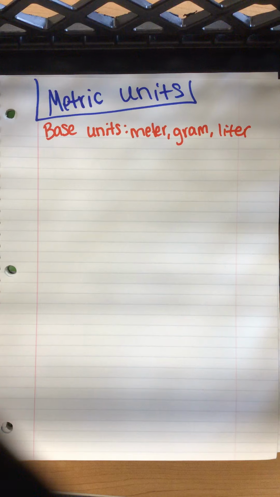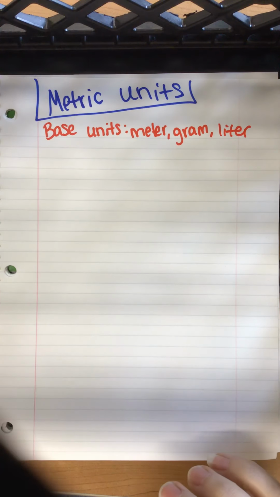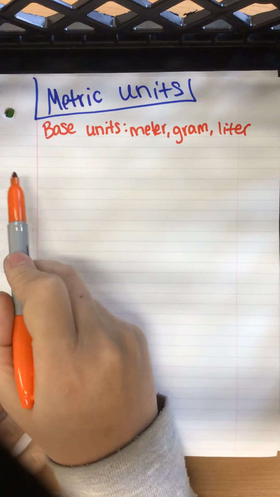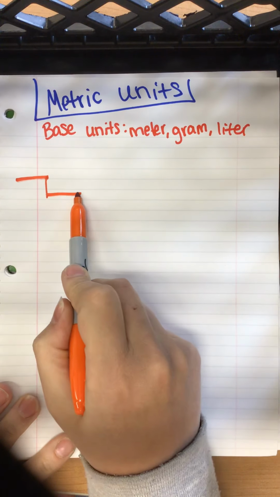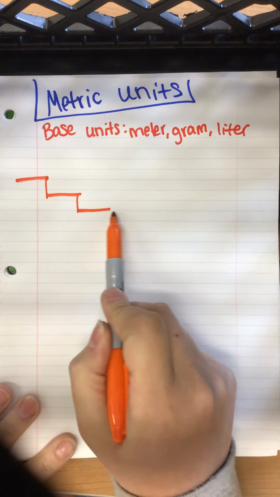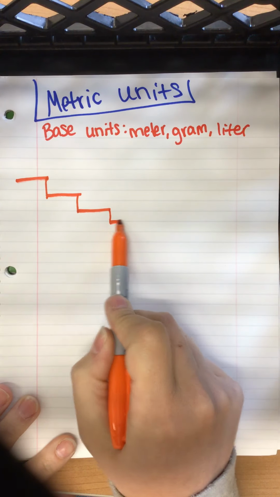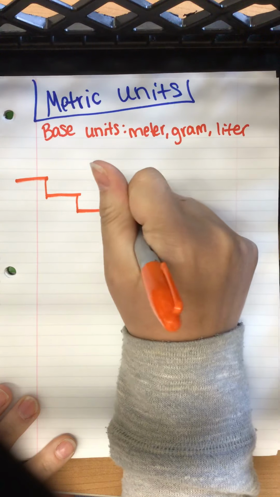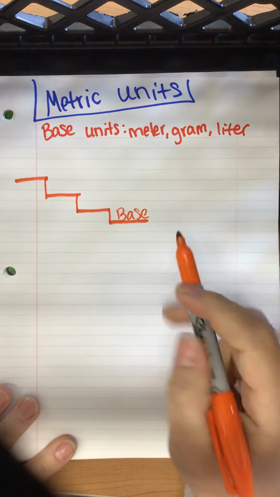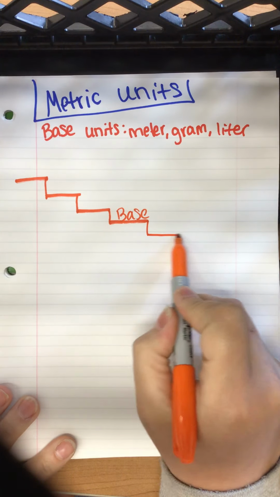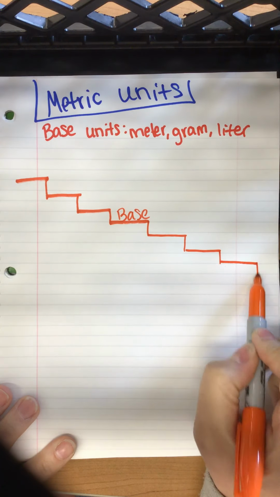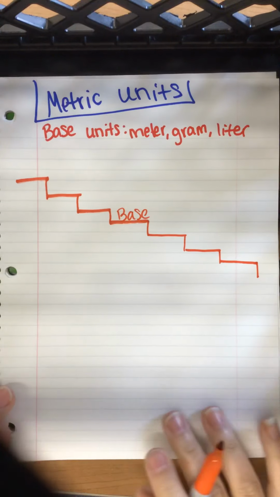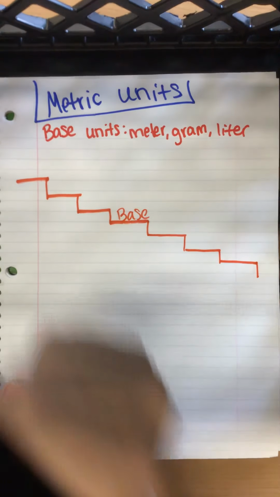Okay, that's all going to make sense in 1 second. We are going to draw a stair step. So we're going to start up here, and we're going to come down, over, down, over, down, over, this is your base, down, over, down, over, down, over. So make sure you have enough space, okay?